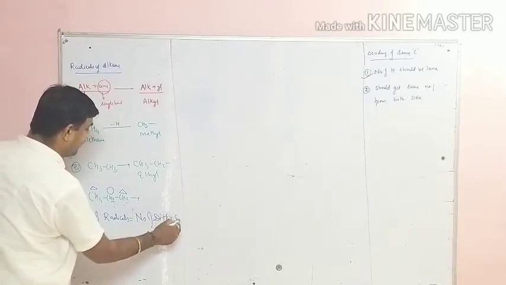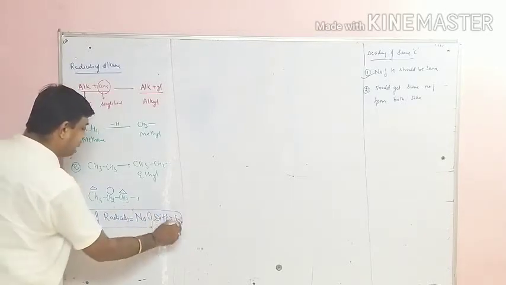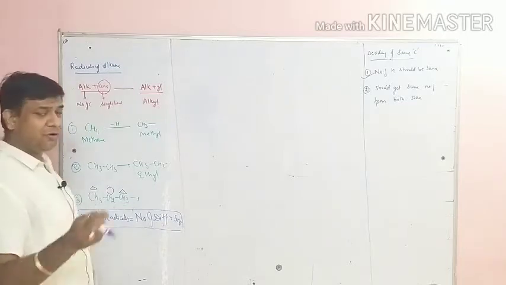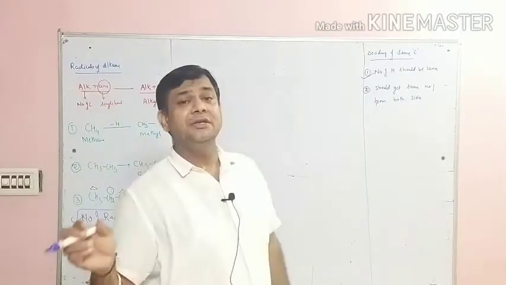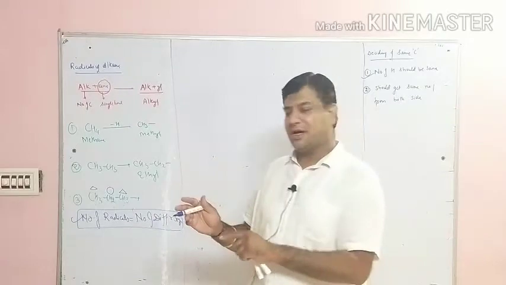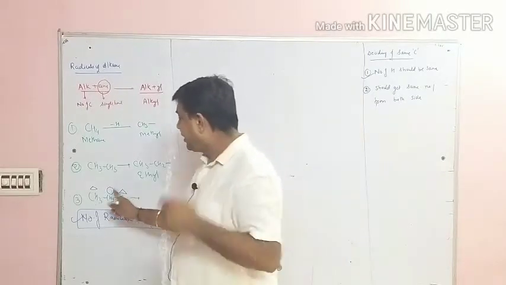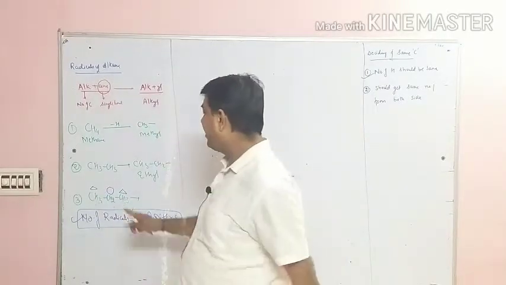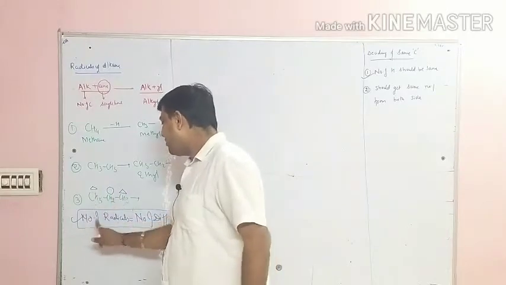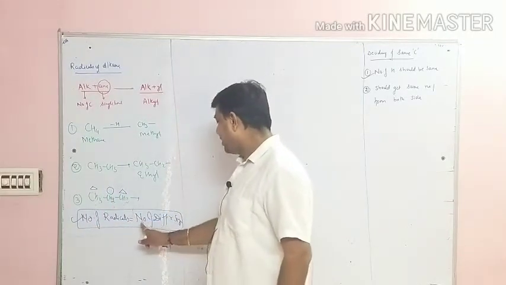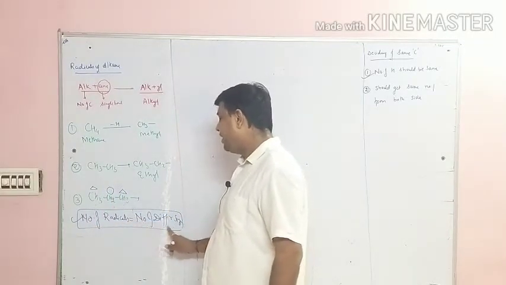If you want to count the number of radicals, you find the same carbons and the different carbons, give the same sign to the same carbons and a different sign to the different carbons. Number of radicals equals the number of different signs.